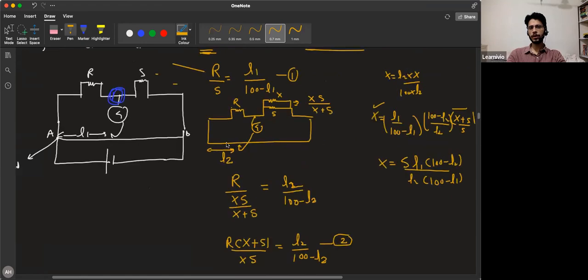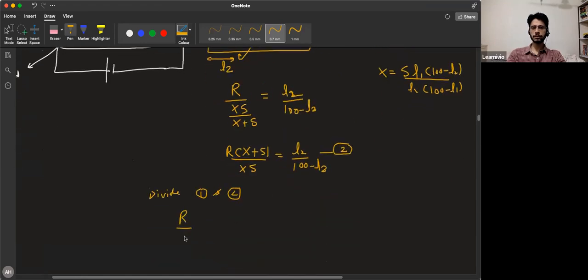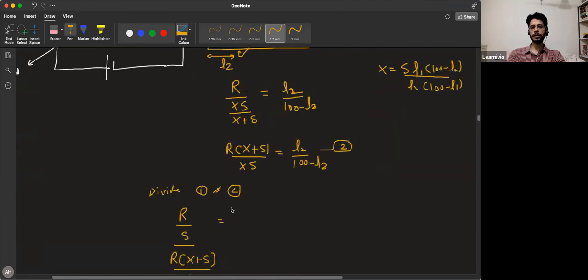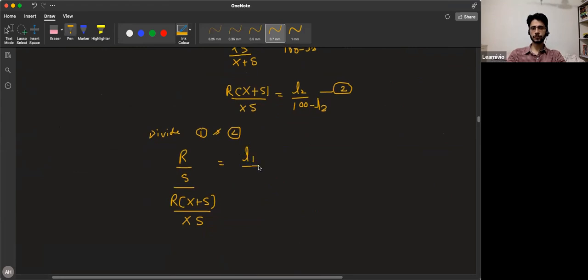When you divide 1 by 2, you get r by s divided by r x plus s divided by xs is equal to L1 by 100 minus L1 divided by L2 by 100 minus L2.